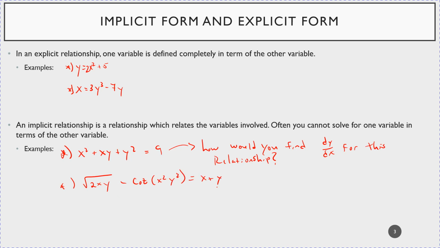And what I'm going to show you in this section is how to find dy/dx for that relationship. You're going to notice that dy/dx is actually going to involve both the x and y variables. So explicit forms have one variable solved for the other, and for the implicit forms we're going to look at, you just can't solve for one of the variables.